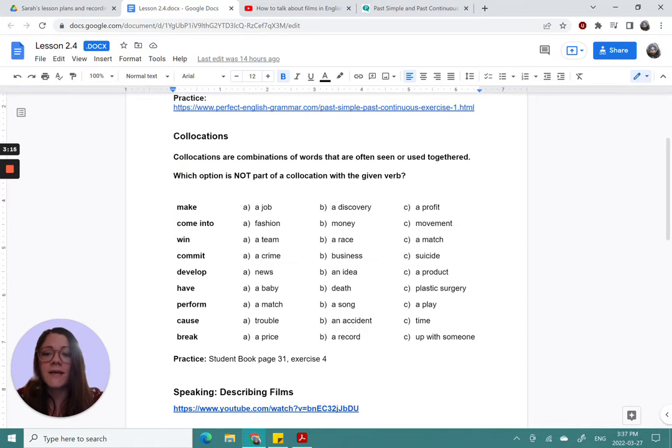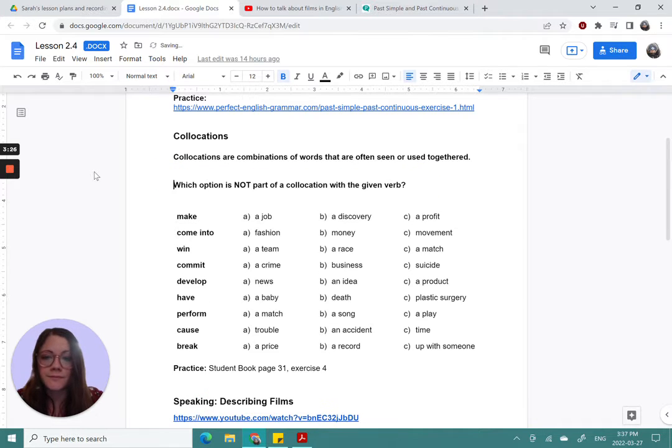We have an exercise here. Which option is not part of a collocation with the given verbs? Of these, for example, with make, we can make a discovery, we can make a profit, but we don't make a job.